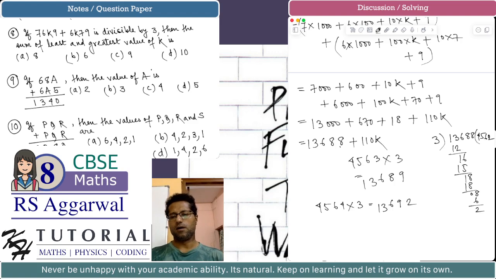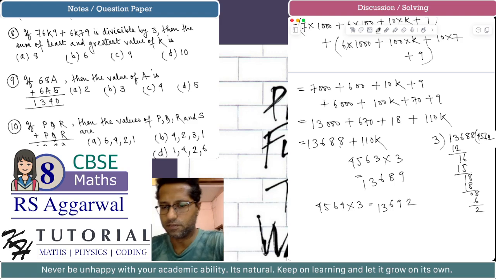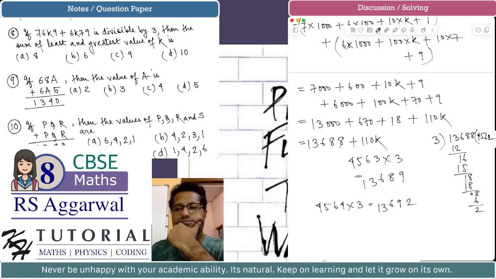So 110k must leave a remainder 1, so that the whole number will be divisible by 3. Now if k is equal to 1, then 100 plus 10k is equal to 110.